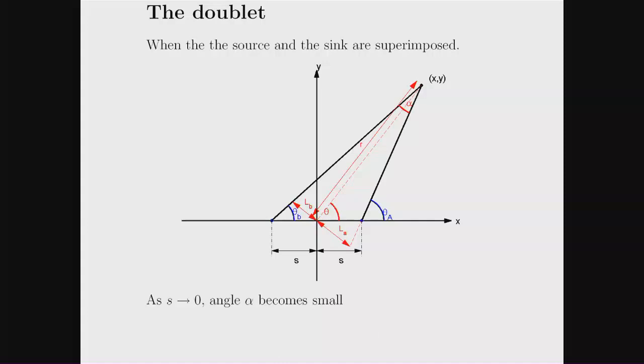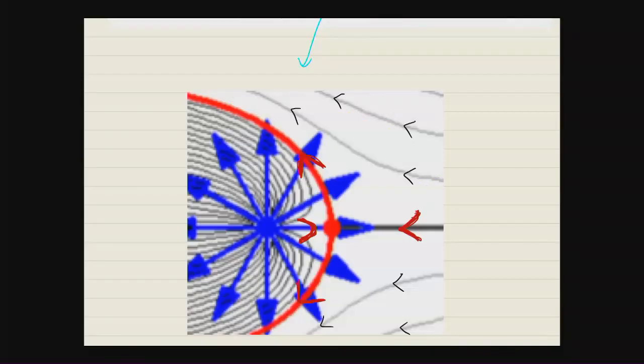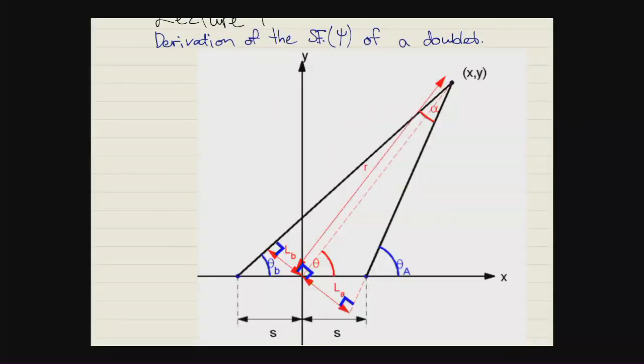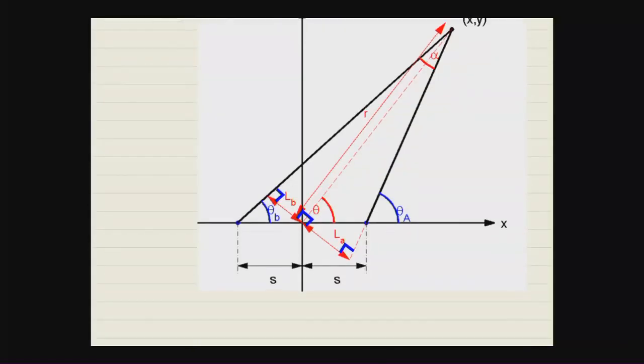Now, as S approaches 0, our angle alpha is going to become small. Let's just do this together. I'm just going to rewrite it again.